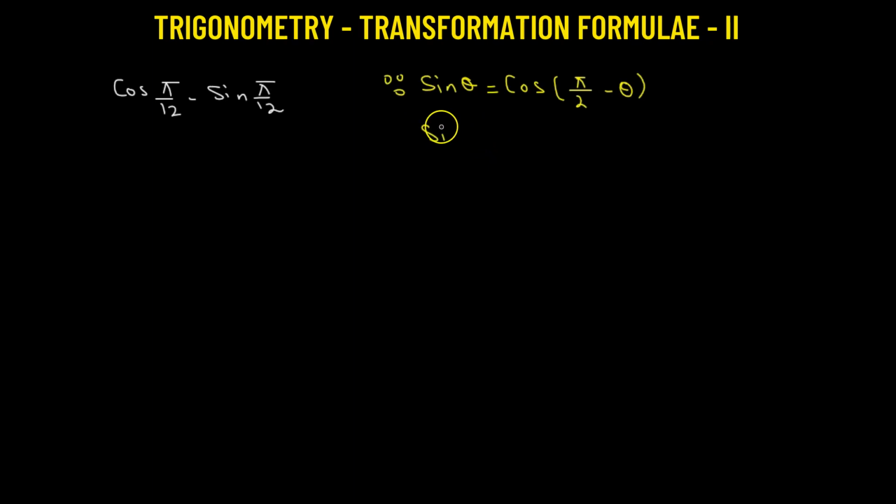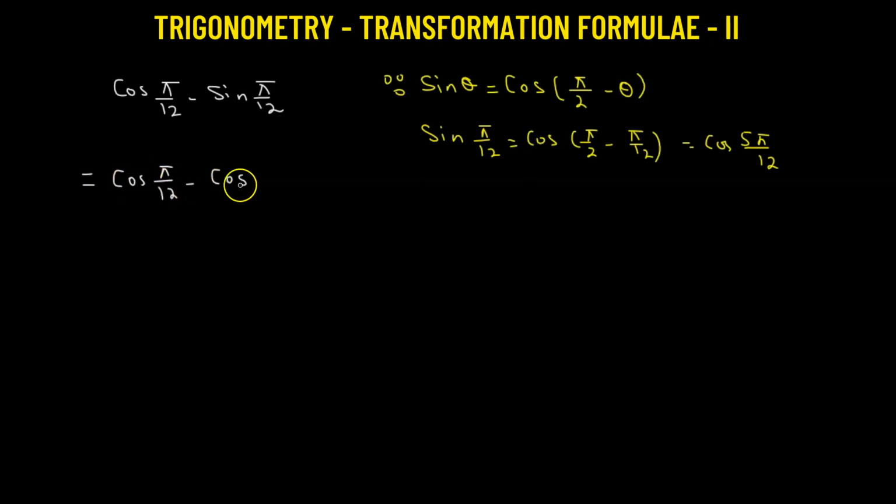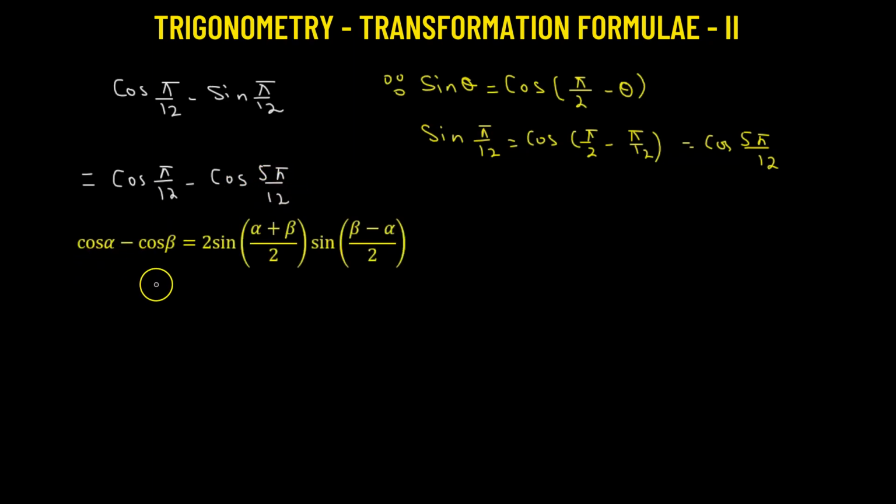So if we take theta to be equal to pi over 12, then we have cosine of pi over 2 minus pi over 12, which is equal to cosine of 5 pi over 12 radians. Therefore, we have converted the second term, the sine function, to its equivalent cosine of 5 pi over 12.